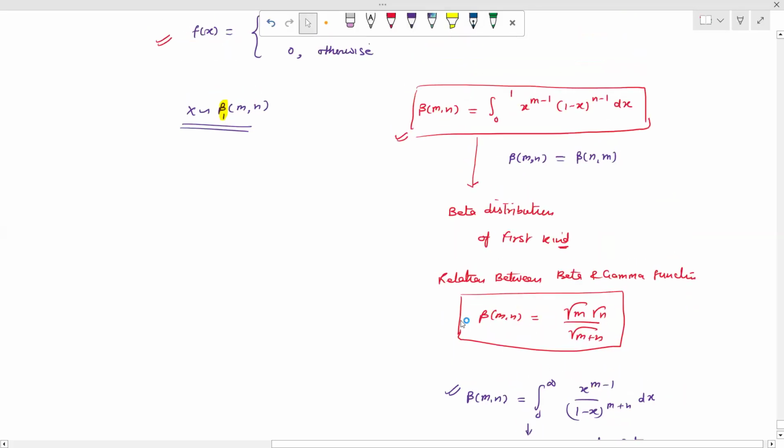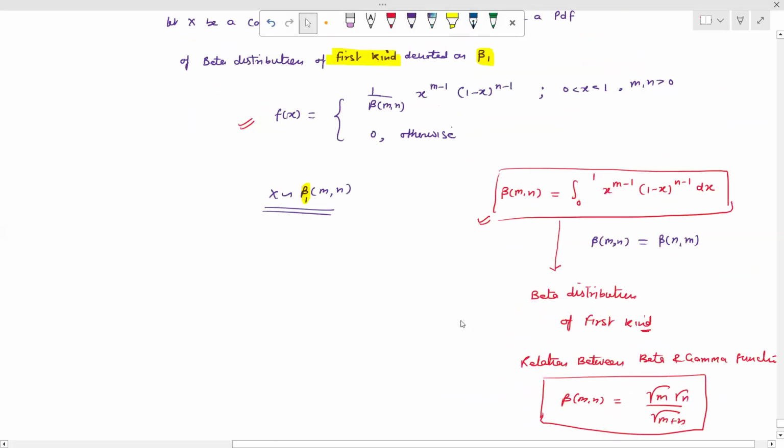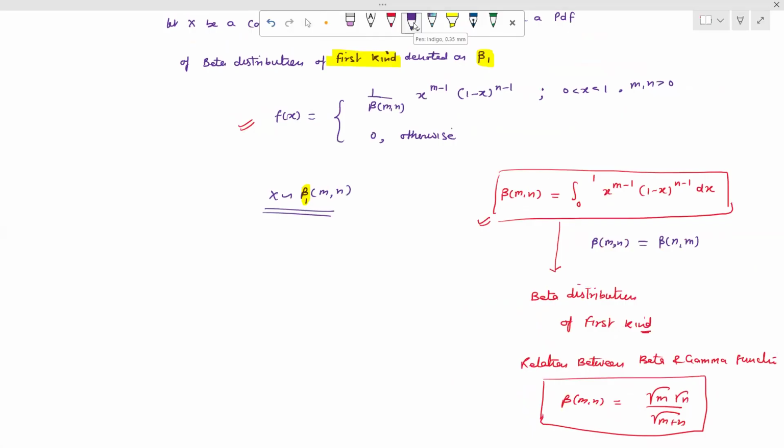Now, after writing the PDF of beta 1, the first kind, we will move to the uses. What are the uses of this distribution, where do we use this distribution?